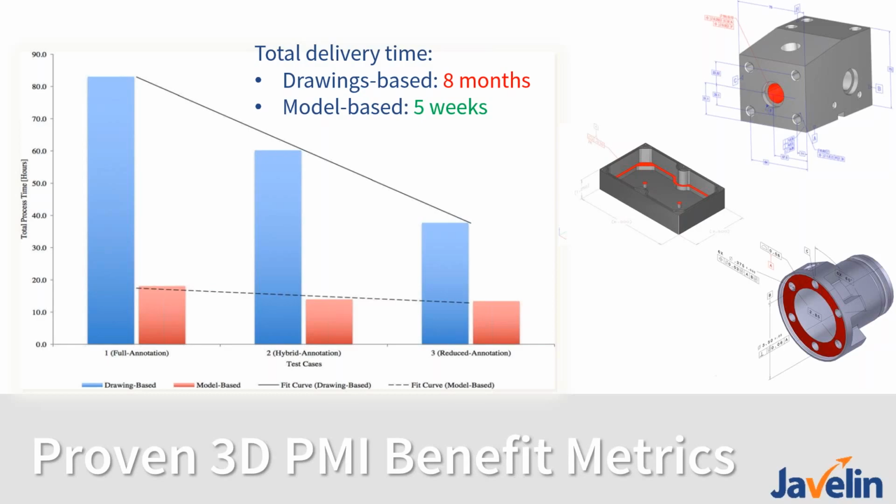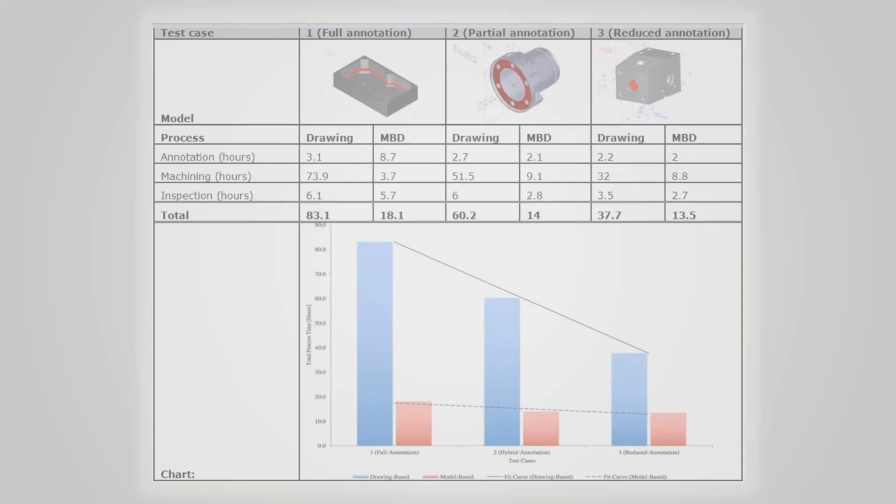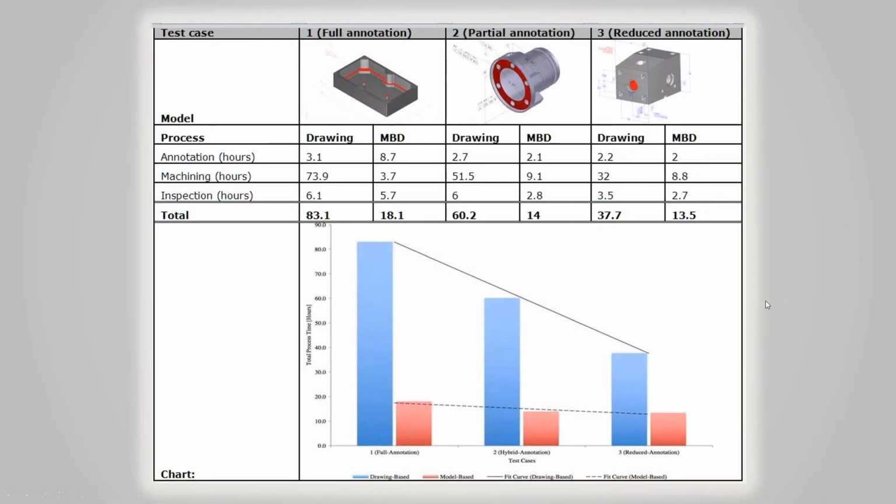So I've got this study in a little bit more detail here. You can see the number of hours spent on each part and for each process, from annotation, so that's creating all those 2D drawings, to the machining and the inspection. You can see that in the drawing process, you're not saving that much time, right? What they mean by that is by including all of the PMI data and information. So that's not really where you're saving your time.